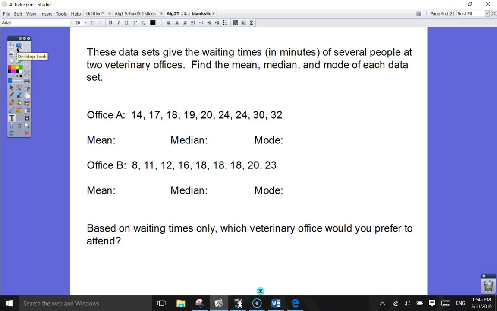So these data sets give the waiting times in minutes of several people at 2 veterinary offices. Find the mean, median, and mode of each data set. Okay, so office A, find the mean.